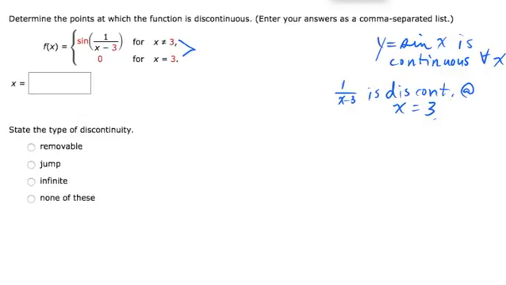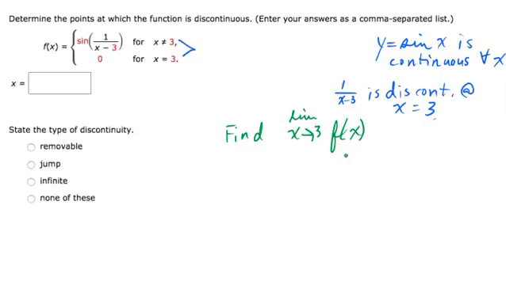We'll have to see. But what we could do is find the limit as x approaches 3 of the function, and then see if the limit equals the y value. Now the y value at 3 is 0, and it does say state the points at which it's discontinuous, which kind of implies that it probably is discontinuous.